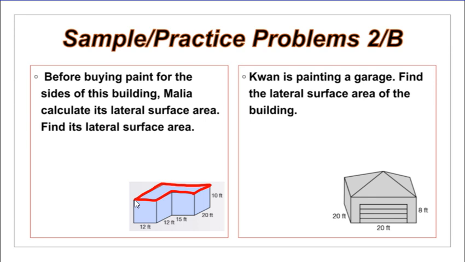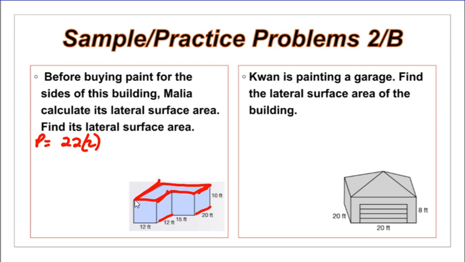To find this side, we're going to combine this 12 and this 20. So that's 22. We have 2 groups of those 22, because we have this part and this part here.